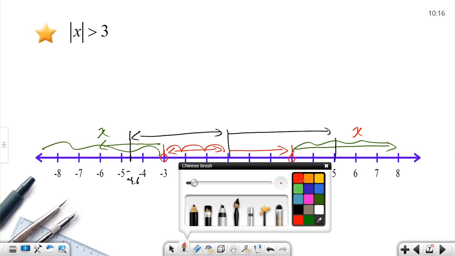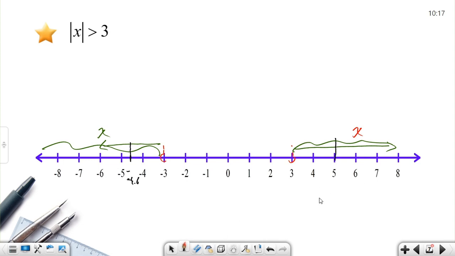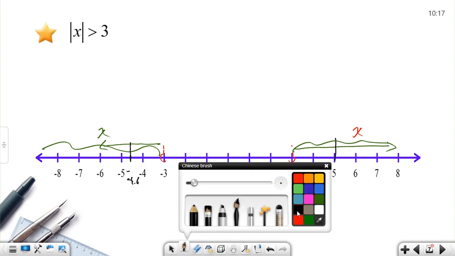So what can I say for that one? It's an OR situation. Let's clean everything around my solution. I don't want this part, and I don't want this part either. The left side and the right side remain, and in the middle, nothing. It may remind you of compound inequalities with OR.